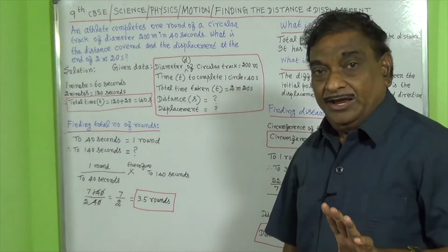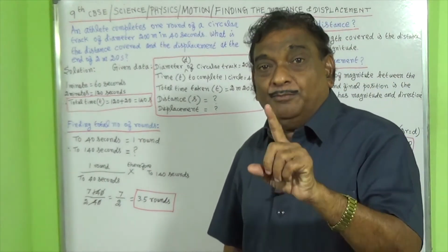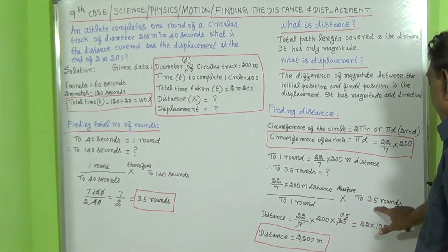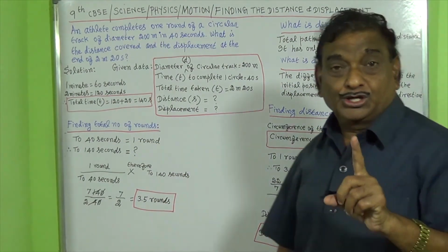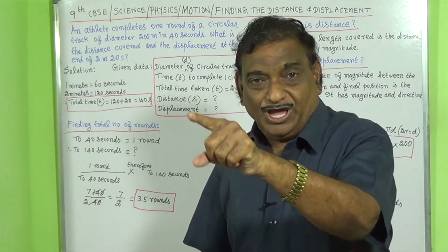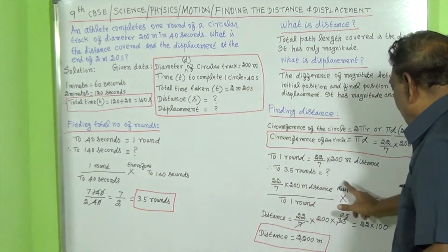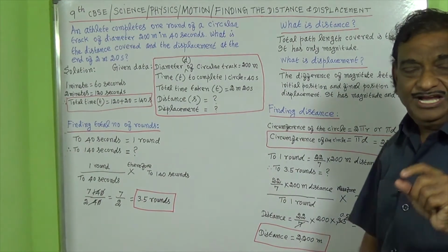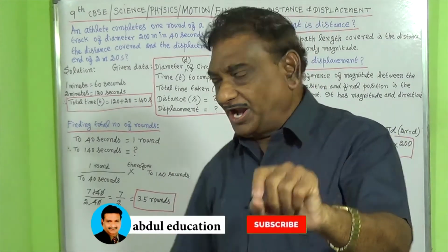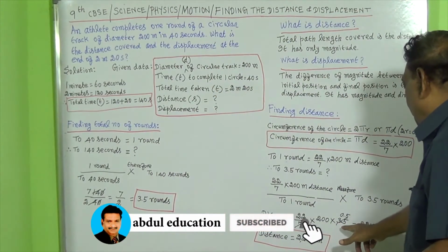But here we have to multiply by 3.5 rounds. The reason is we are going to find the distance covered in 3.5 rounds. If we remove the words, we will get the distance equal to 22 by 7 into 200 into 3.5.